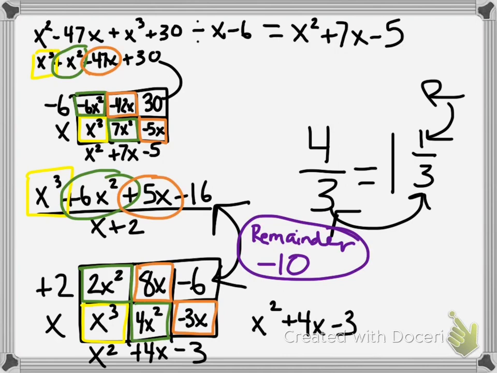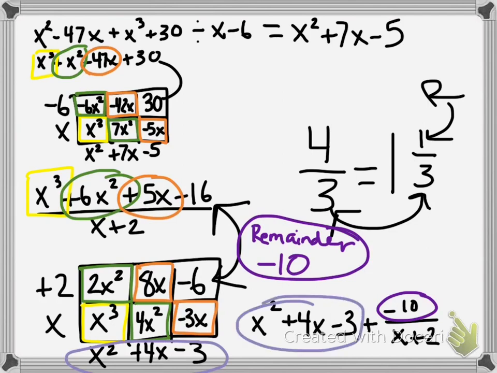That's like the 1. Plus, I have a remainder of negative 10, which was not able to be divided by x plus 2. Okay, so our remainder goes on the top, and our answer, like our whole number part, came from right here.